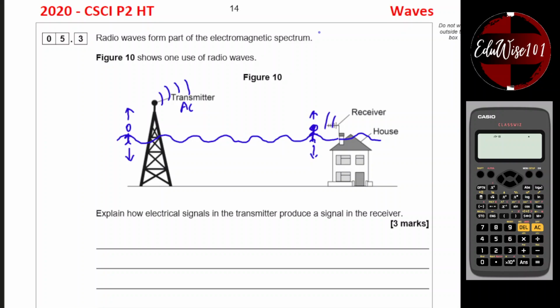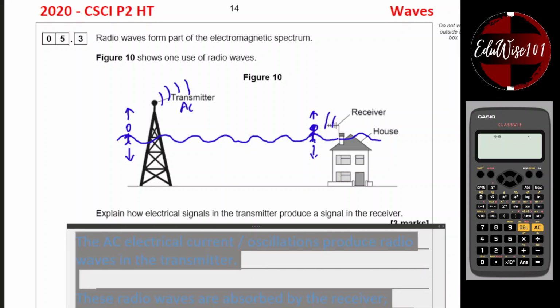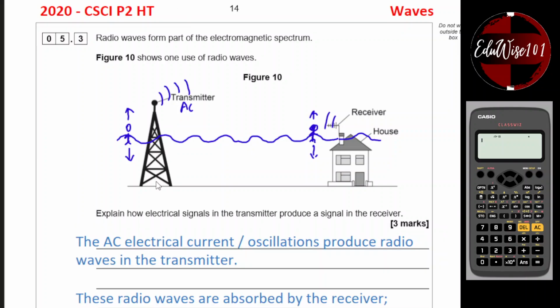So the AC electrical current, or oscillations, produce radio waves in the transmitter.